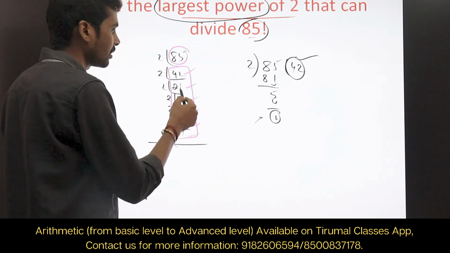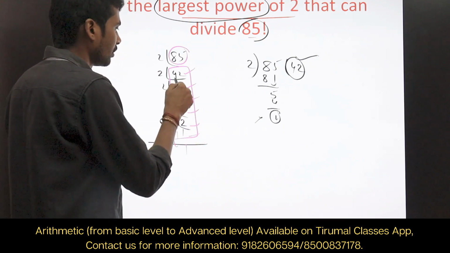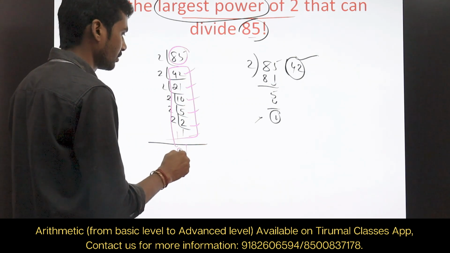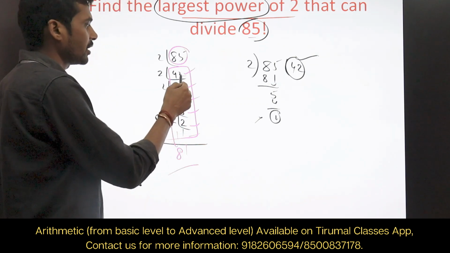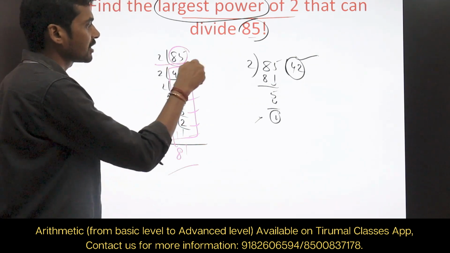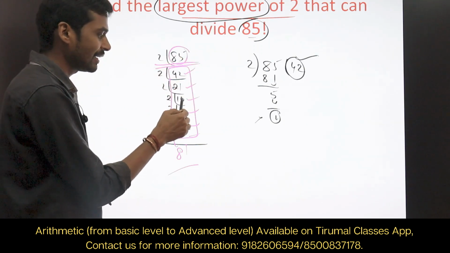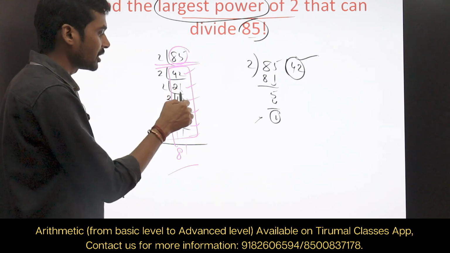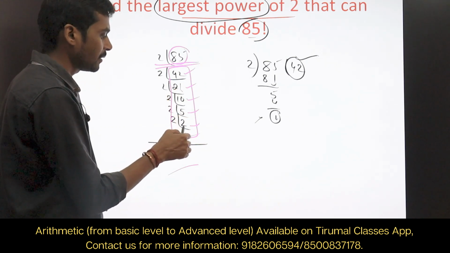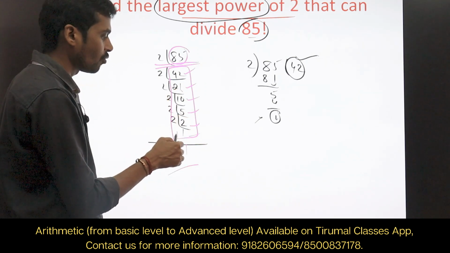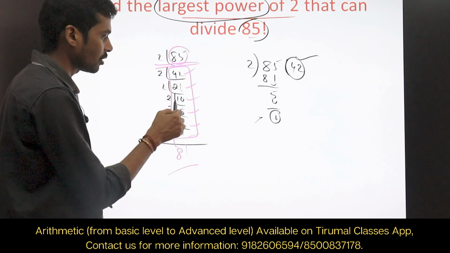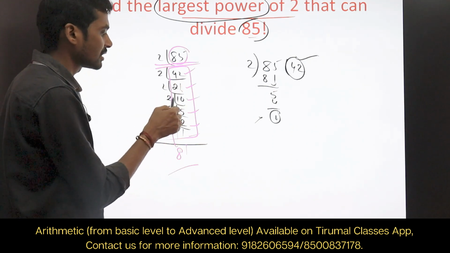Let's add: 42, 21, 10, 5, 2, 1. 5 plus 2 plus 1 is 8, 8 plus 2 is 10, 10 plus 1 is 11, 1 carry forward, 4 plus 2 plus 1 is 7, and 1 carried makes 8.